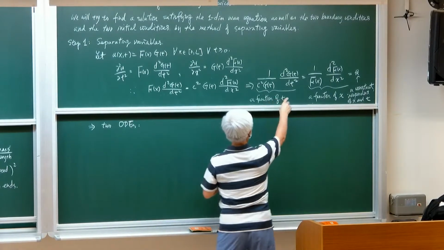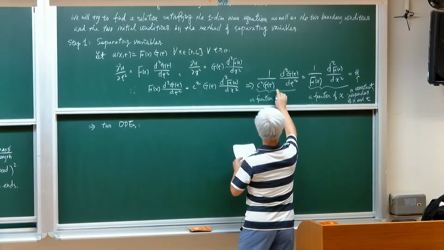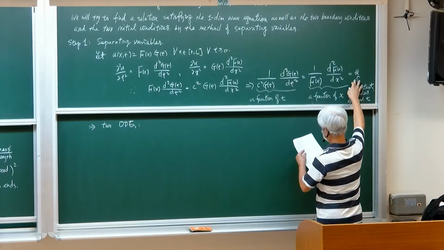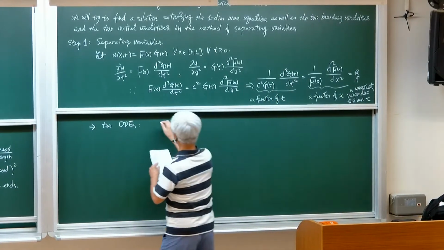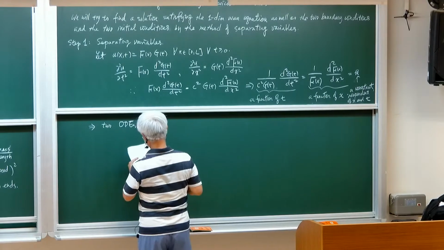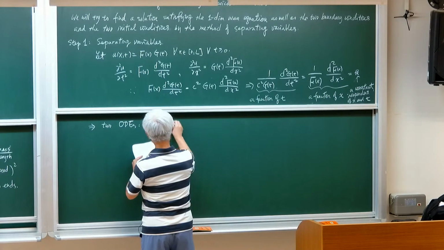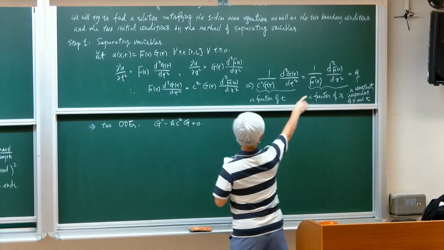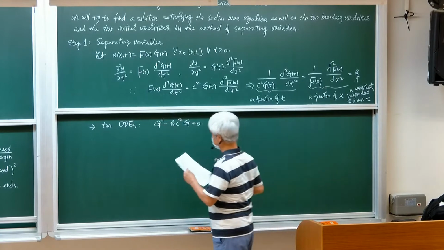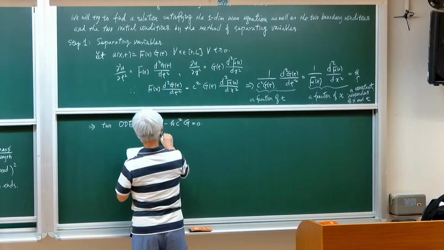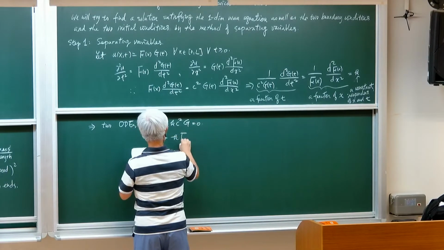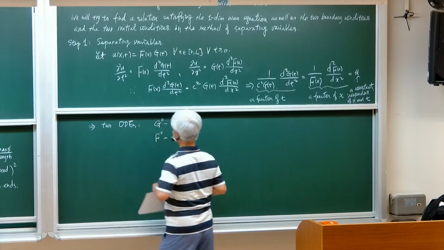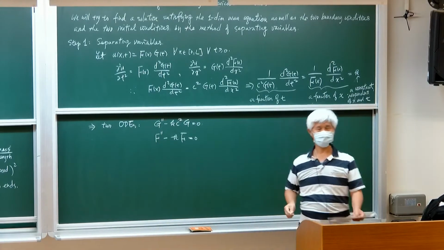The first one, because this is equal to k, we have the second derivative of g minus k c squared g equal to 0. And the second one is f double prime minus kf equal to 0.